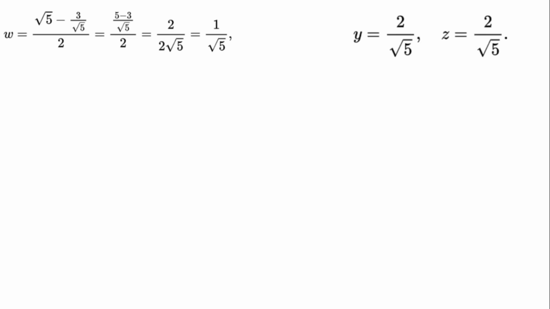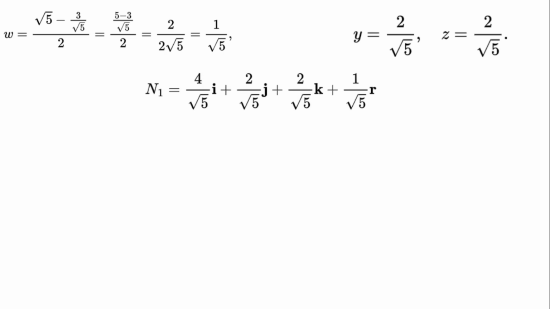W equals square root of 5 minus 3 divided by square root of 5 divided by 2 equals 2 divided by square root of 5 divided by 2 equals 1 divided by square root of 5. Y equals 2 divided by square root of 5. Z equals 2 divided by square root of 5. So n1 equals 4 divided by square root of 5 times I plus 2 divided by square root of 5 times j plus 2 divided by square root of 5 times k plus 1 divided by square root of 5 times r.